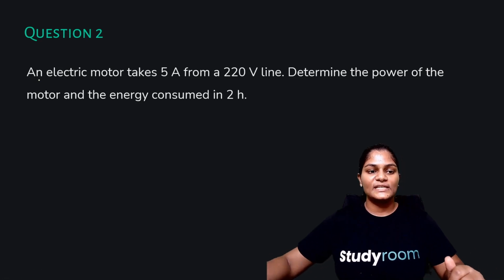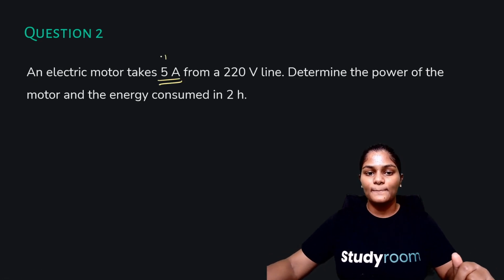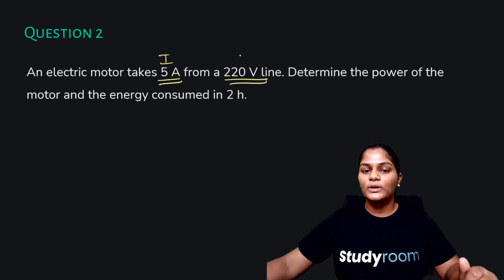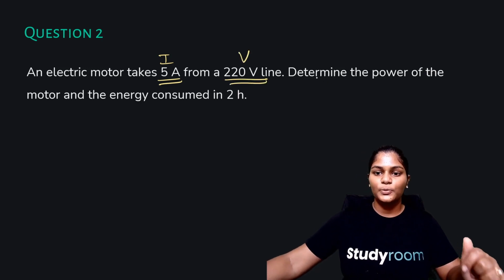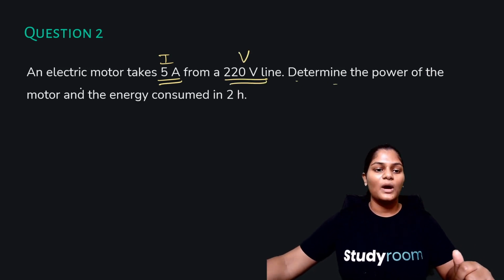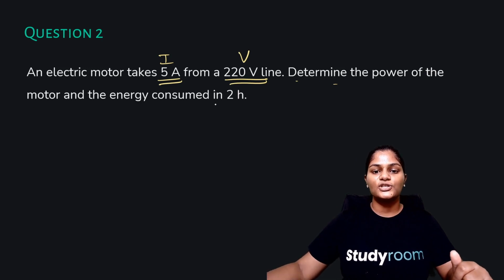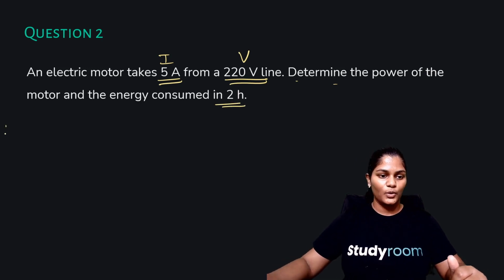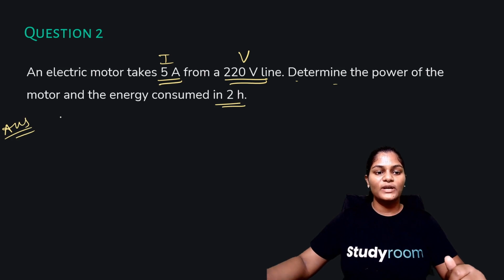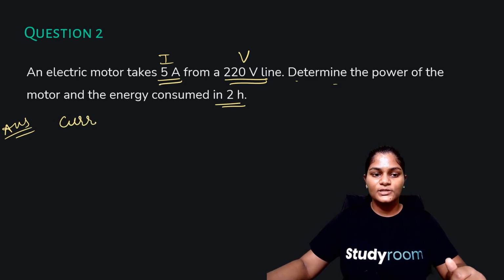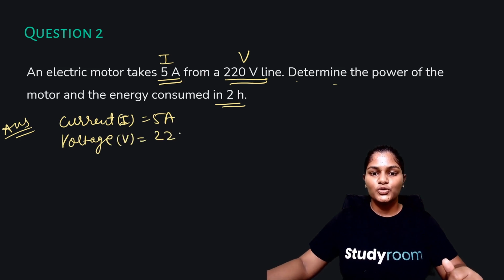Now, the next question says that an electric motor takes 5 ampere, this is the current, from a 220 volt line, this is the voltage or potential difference. So, determine the power of the motor and the energy consumed in 2 hours. Okay. So, what do we have here? We have current I equal to 5 amperes, and voltage V equal to 220 volts, right?